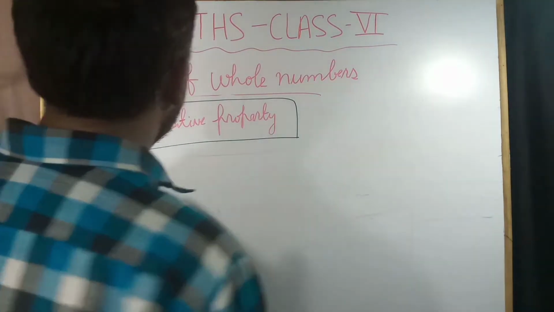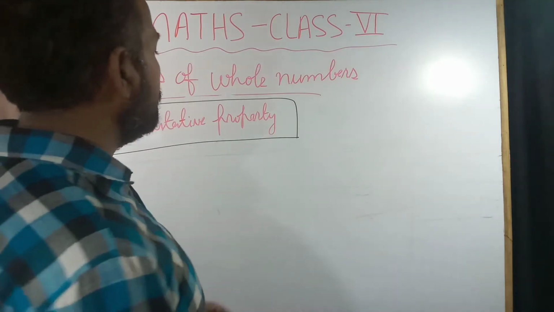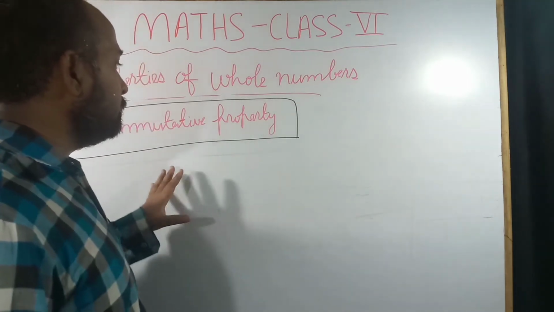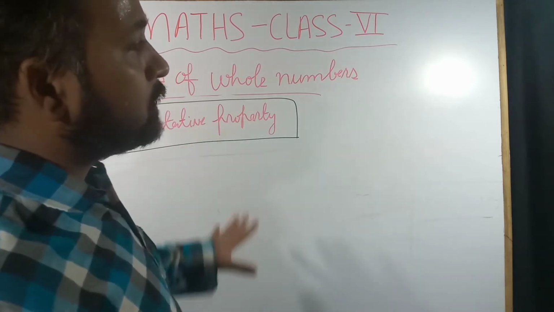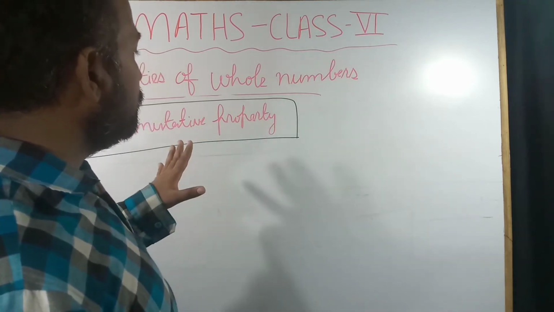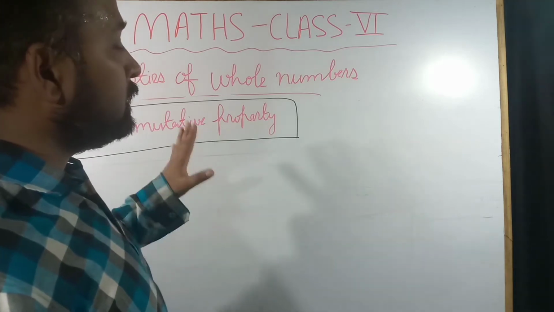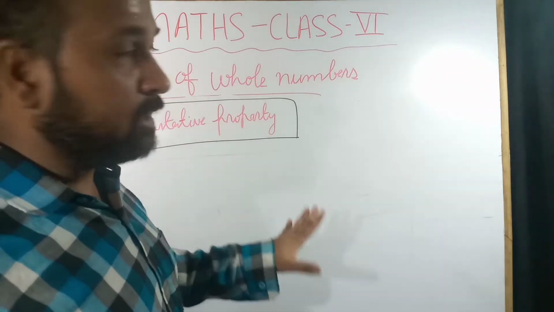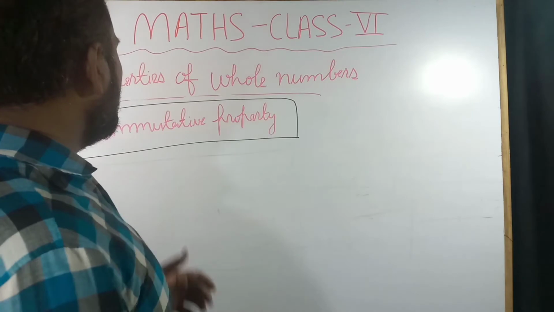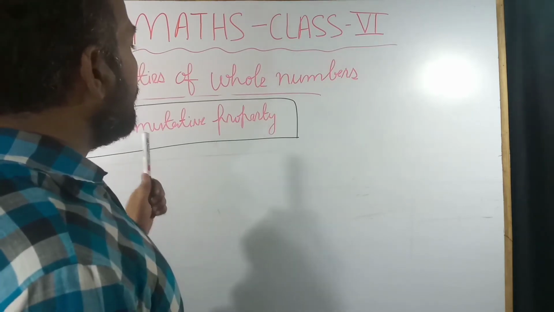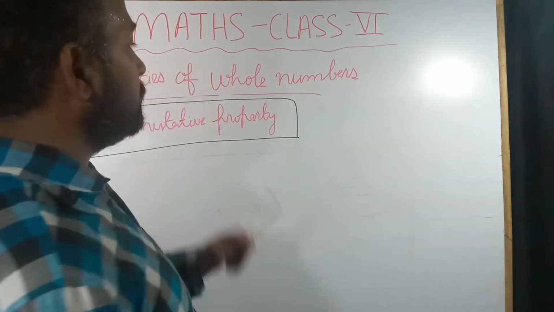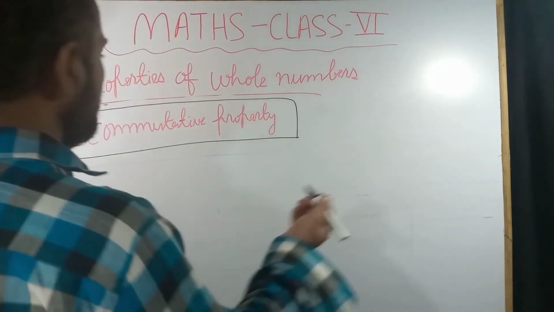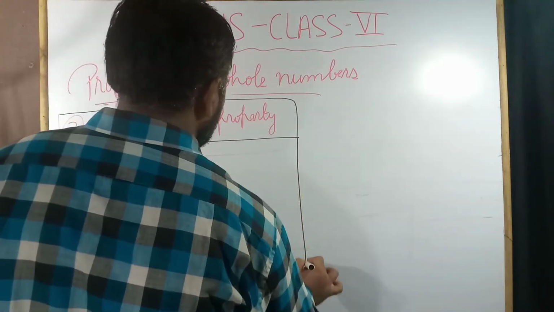Now the next property, commutative property. Commutative property means we can put numbers in any order, but the answer will be the same in each case. But this is not applied on division and subtraction. Clear? Now look at the board.